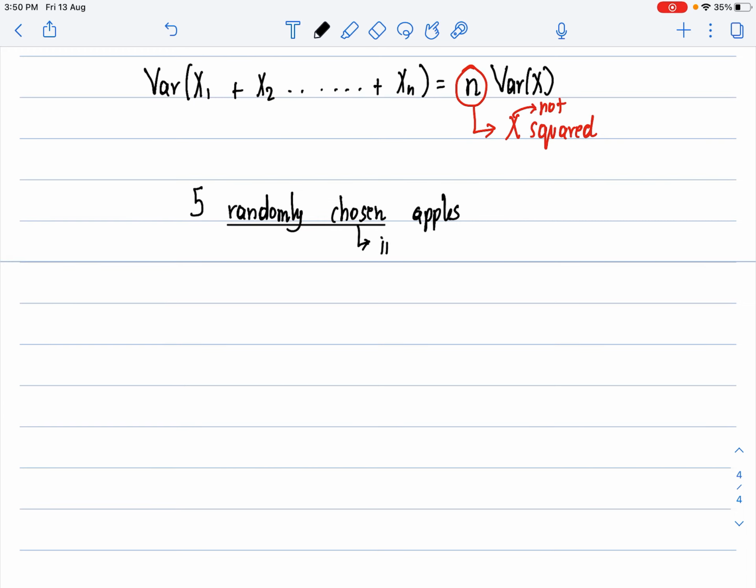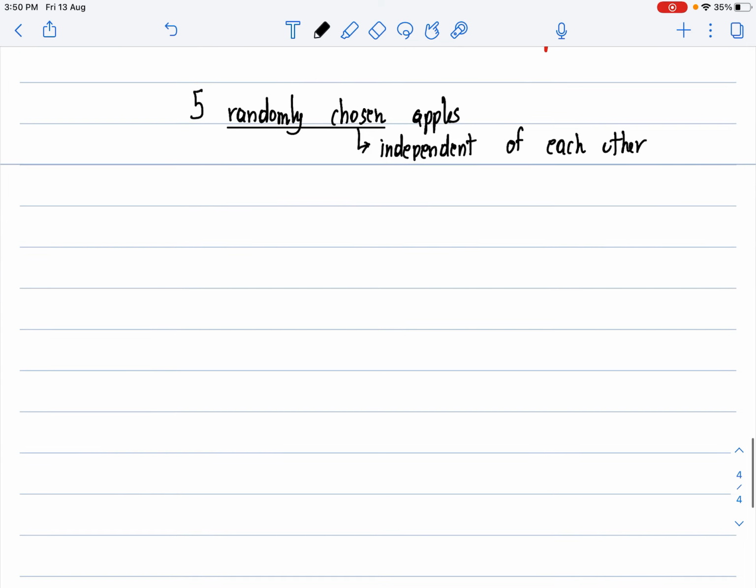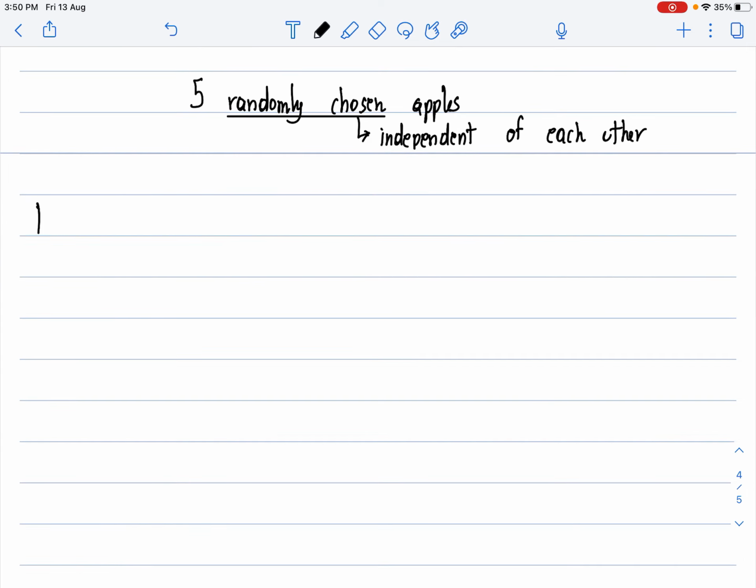They can even use terms like independent of each other. These are the basic terms which you need to know. Now the concept of multiples you need to understand.